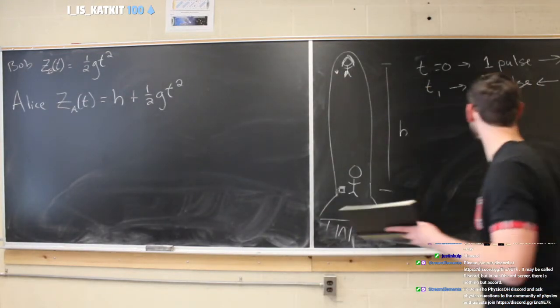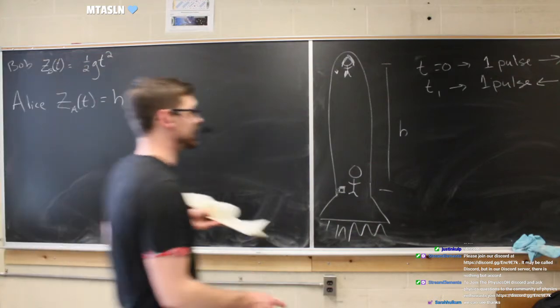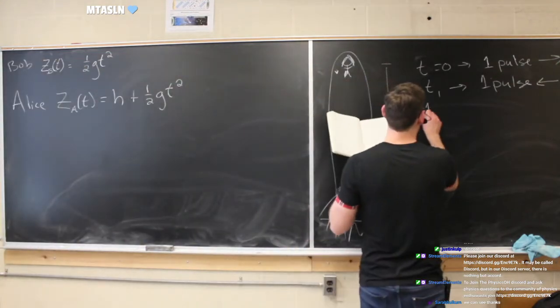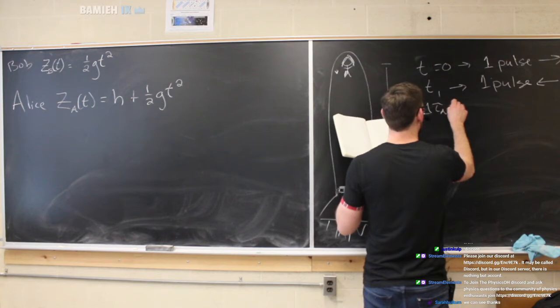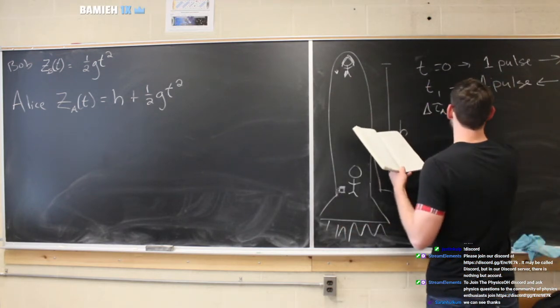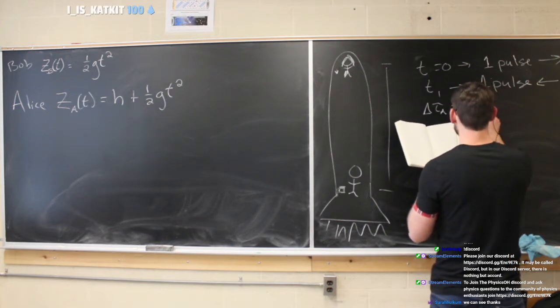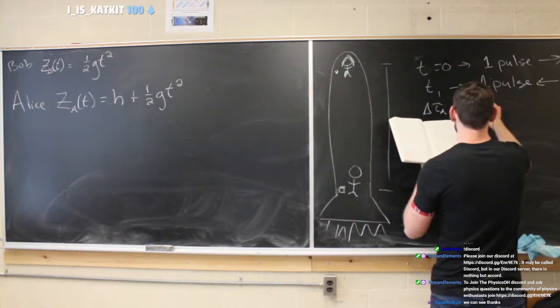Now, then there's another time, which we'll call delta tau A. I'm just following the notation in Hartle, if anybody is interested. This is a general relativity book. This is the time that the second pulse is emitted.